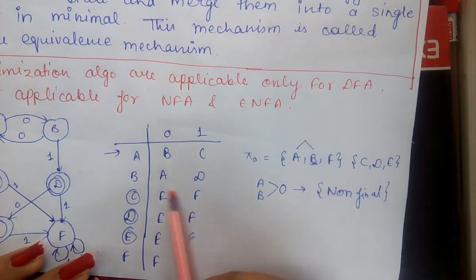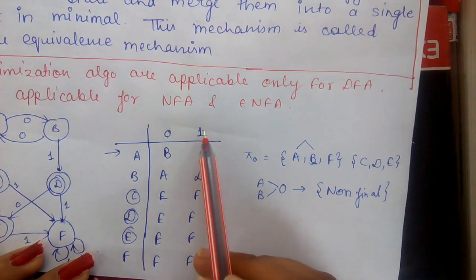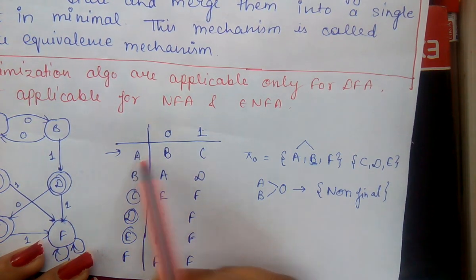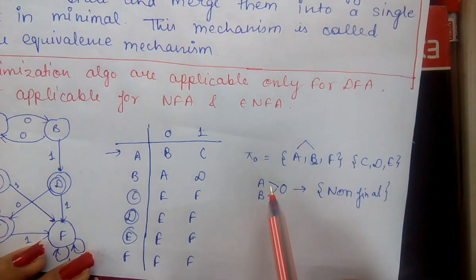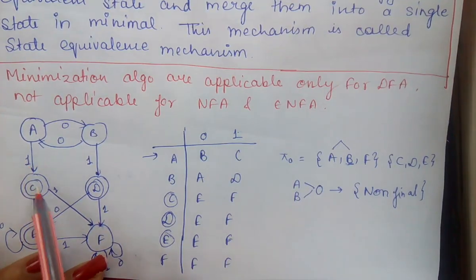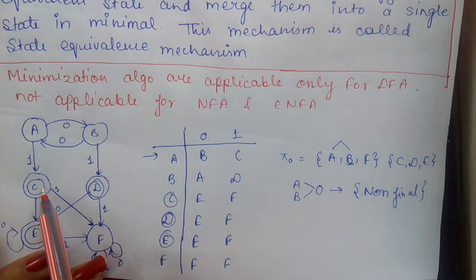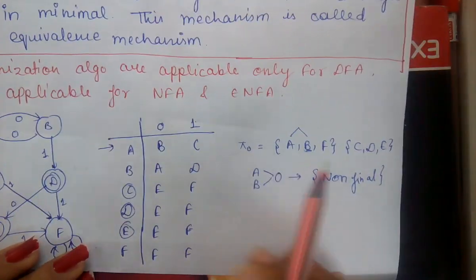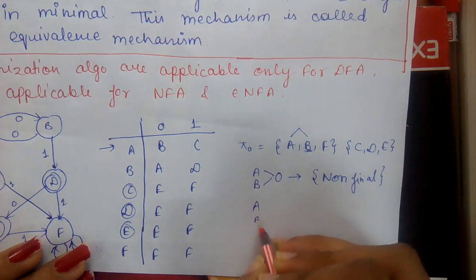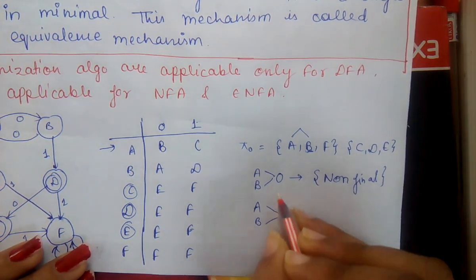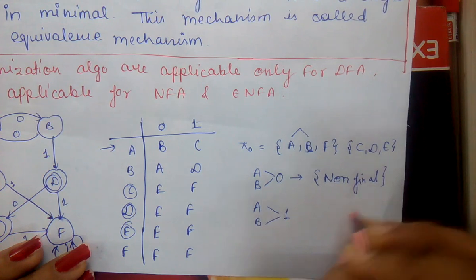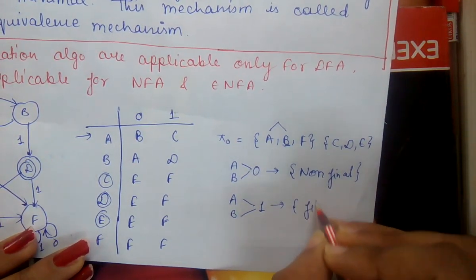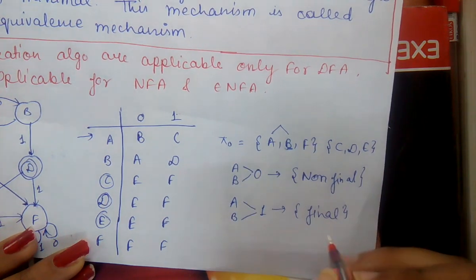Now if we provide 1 to A, where is it going? It is going to a final state, C is a final state. And if we provide 1 to B, where is it going? To one of the final states. So it is showing the same behavior: on 0 both are going to a non-final state, and on 1 they are going to one of the final states.